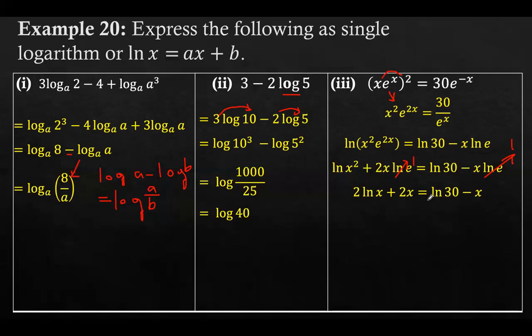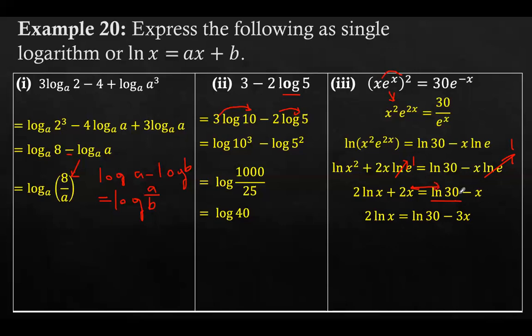So you will bring the ln to the left hand side. So you get 2 ln x equals ln 30 minus 3x. How to get minus 3x? So 2x we move to the right hand side.